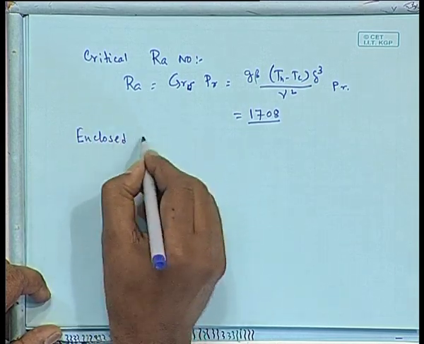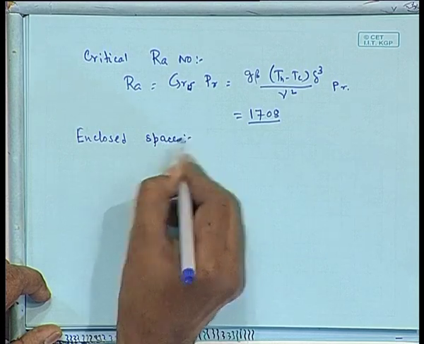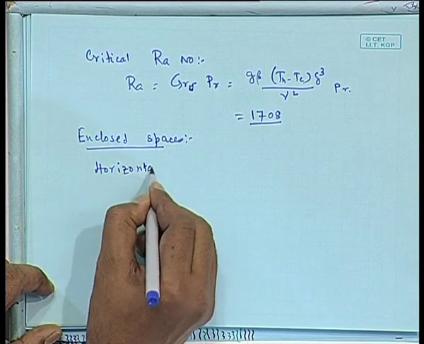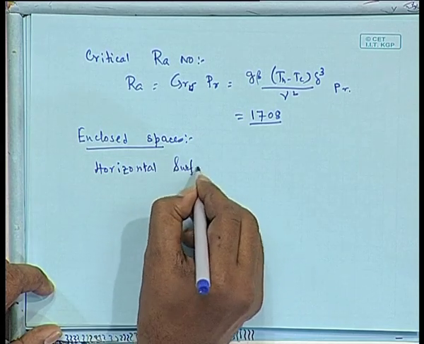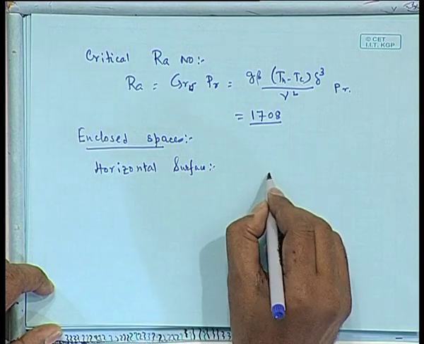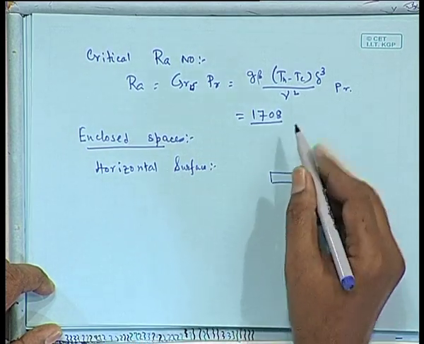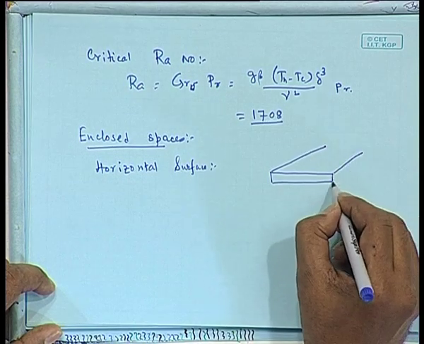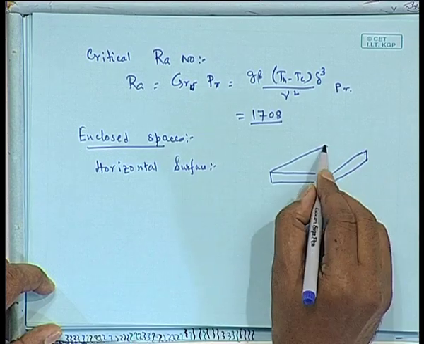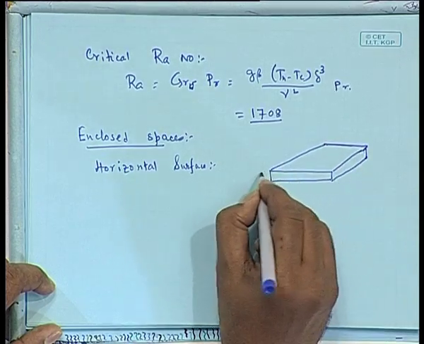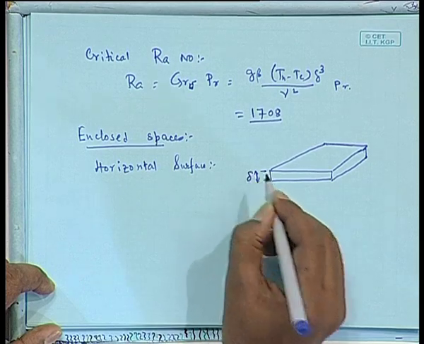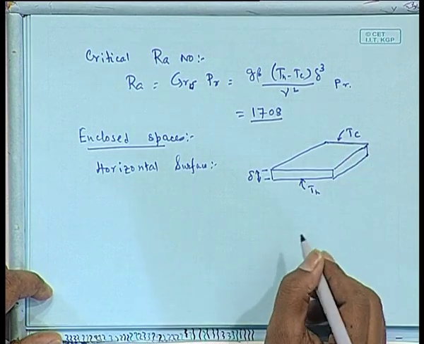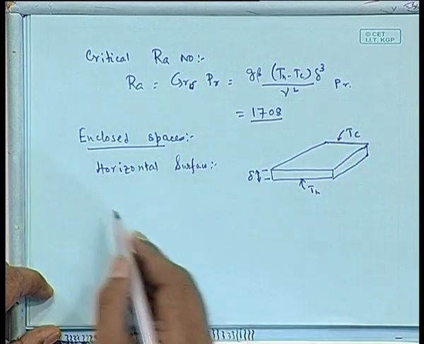Now, the enclosed spaces that we are considering: one may be a horizontal surface. This is delta, this is T hot, the top surface is T cold, and the separation between the two surfaces is delta.